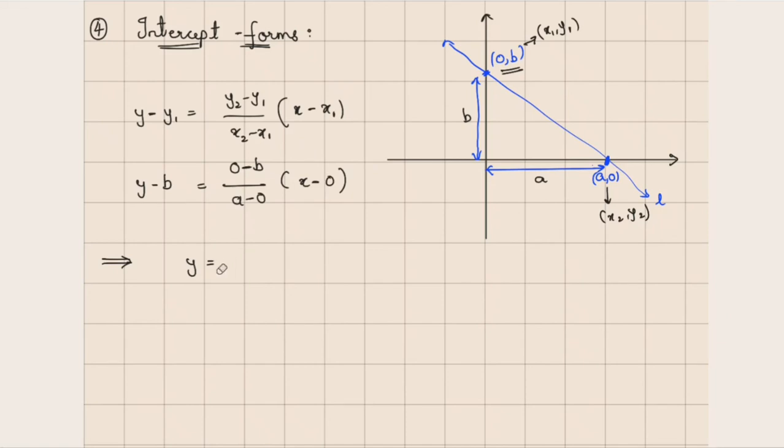So y minus b equals minus b by a into x.